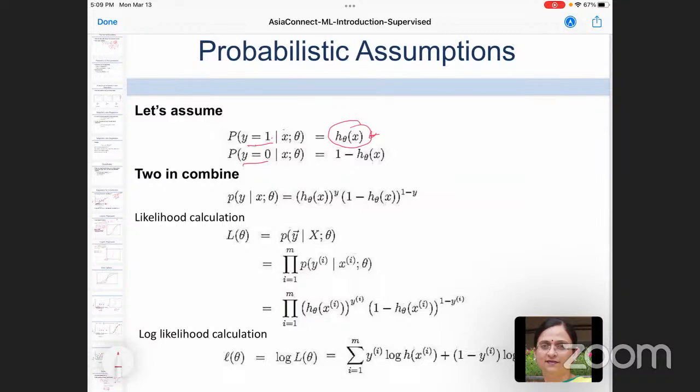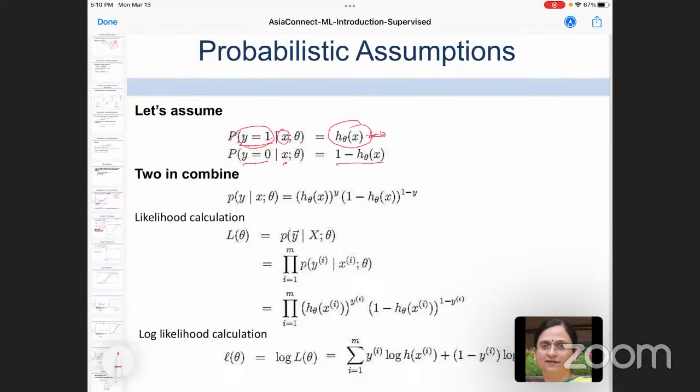If you are given x, what will be the probability of x belonging to class 1? This is h theta x. And the reverse: given x, what is the probability that x belongs to class 0?